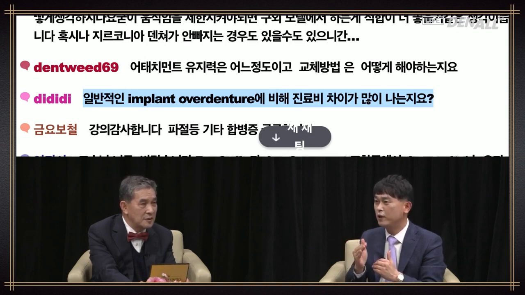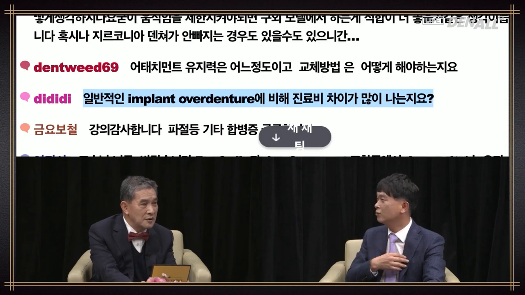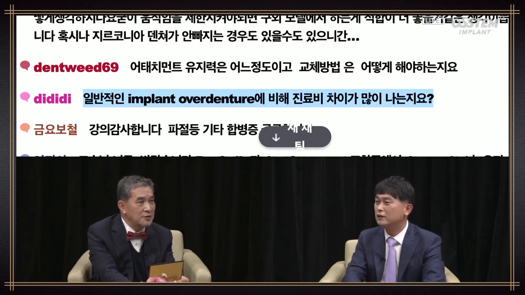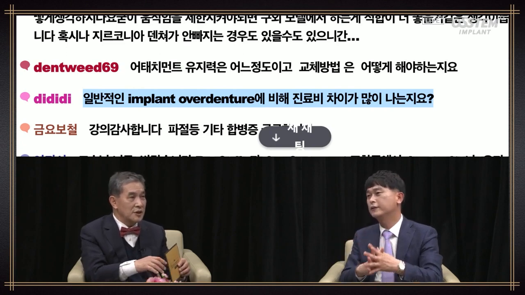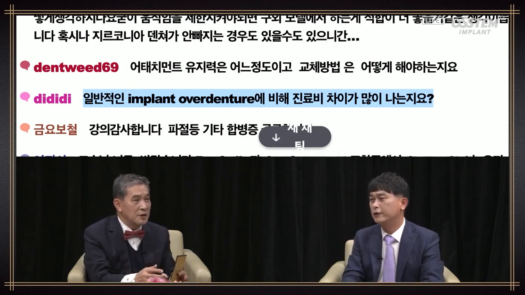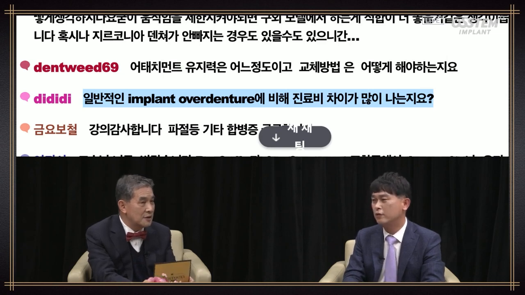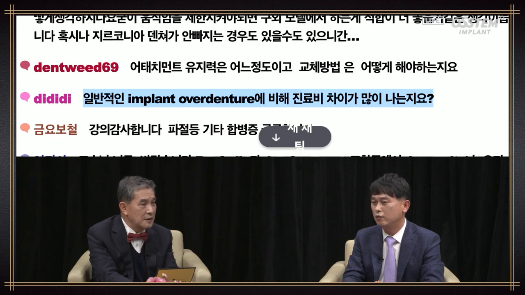So the overdenture is based on 4 implants. Bar is used. So the lab cost, yes, the lab cost. The treatment cost may vary from hospital to hospital. Is the lab cost 1.2 million for 4 implants, the bar and plastic overdenture?